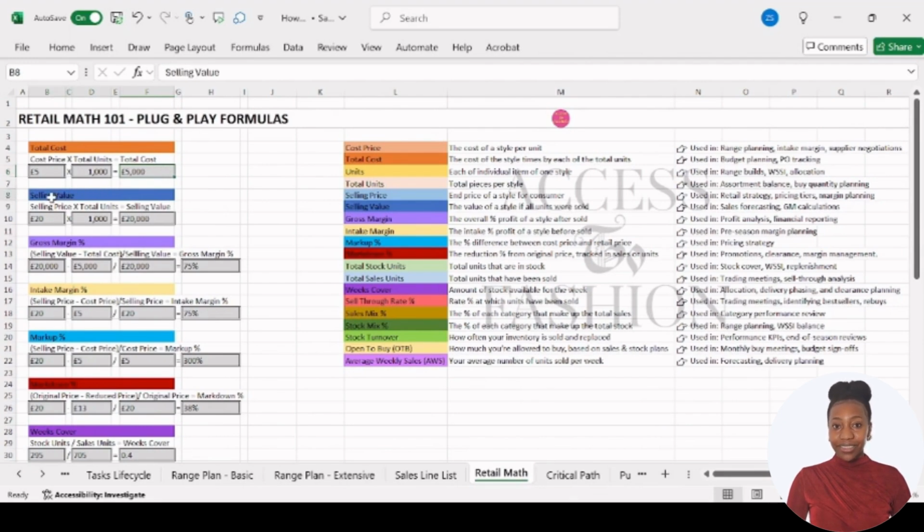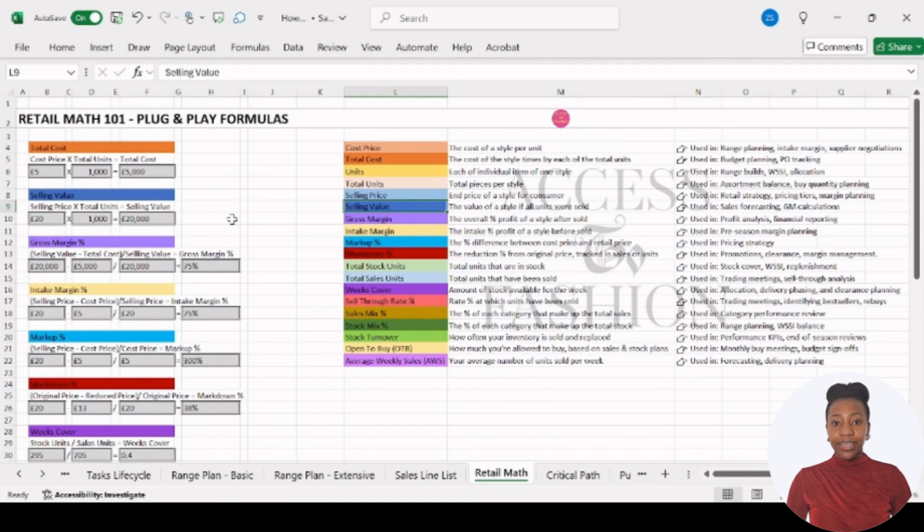The next formula that we've got is your selling value. And your selling value is your selling price times by your total units. But here we've got it explained as the value of a style if all the units were sold.